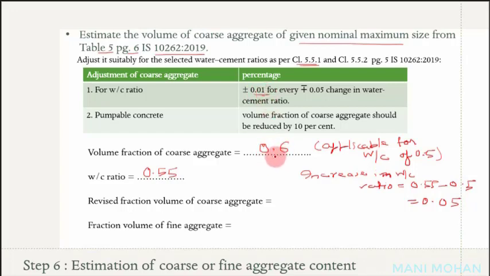This volume fraction has to be reduced by 0.01. So 0.6 minus 0.01 is 0.59. So we have got the volume of coarse aggregate.